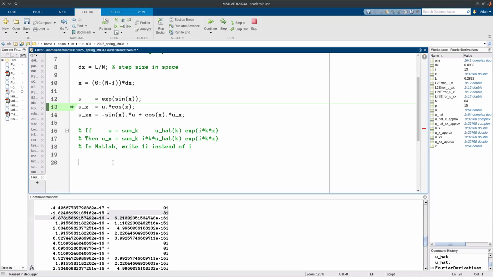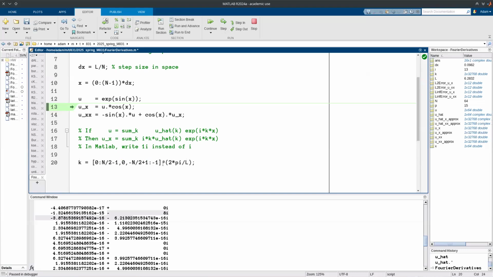Matlab stores its indices in the following way. We start off at 0, and then count up through n over 2 minus 1. And then after that, we start with the negative indices. So this starts at negative n over 2 plus 1 and counts all the way up in positive steps, all the way up to negative 1.